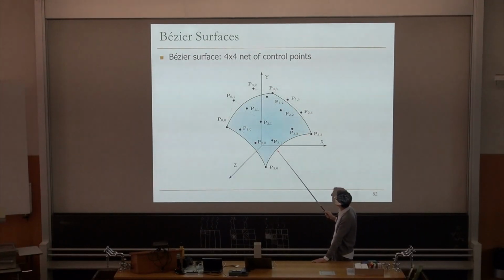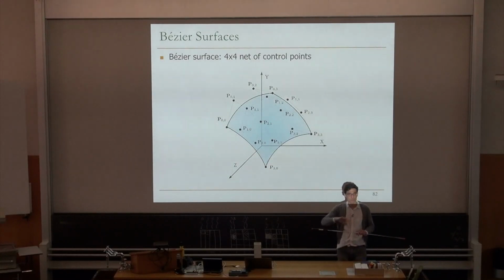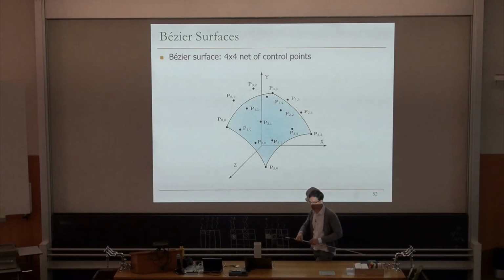In this case it is this blue thing that you can see in the slide, and the exact values of the output surface are computed depending on some control points. In this case we have a 4x4 network of control points. Depending on where these points are located, on the relative position of these control points, we will have a different shape of the surface.